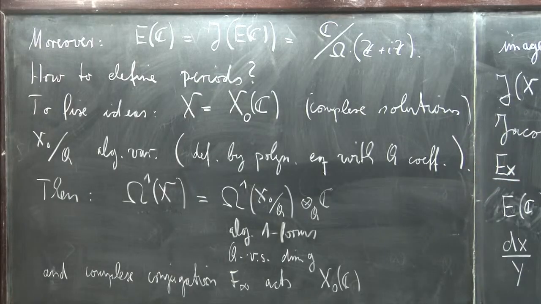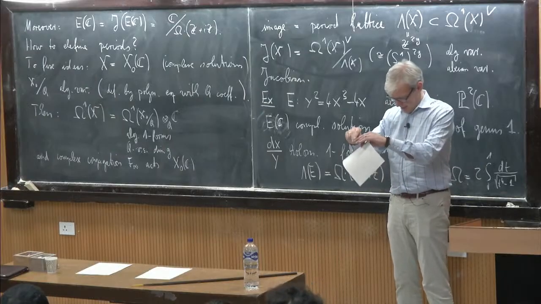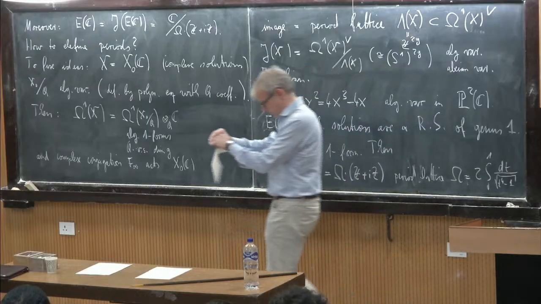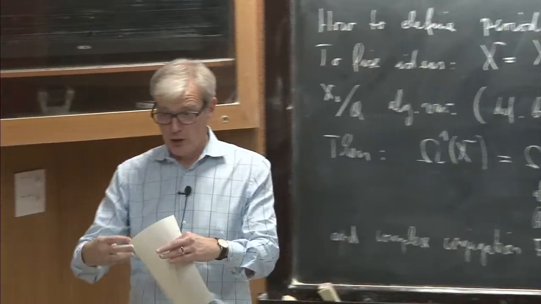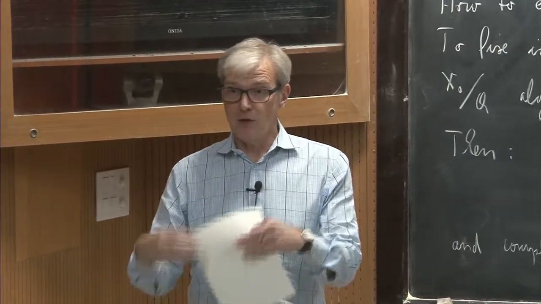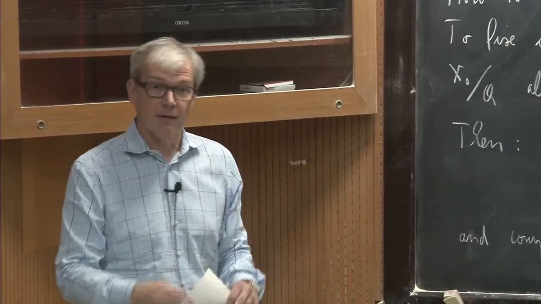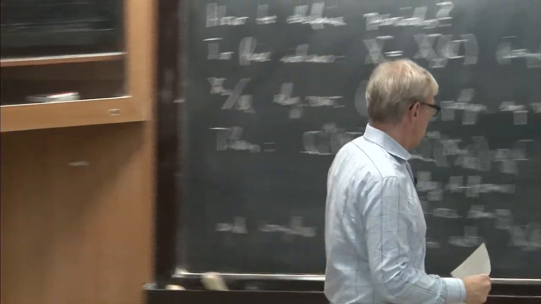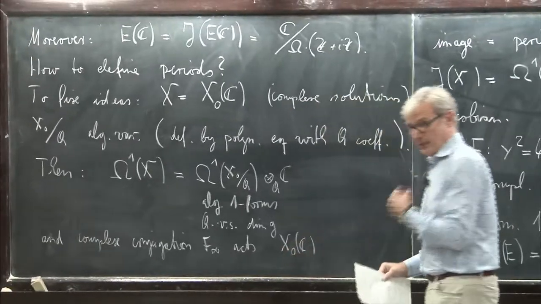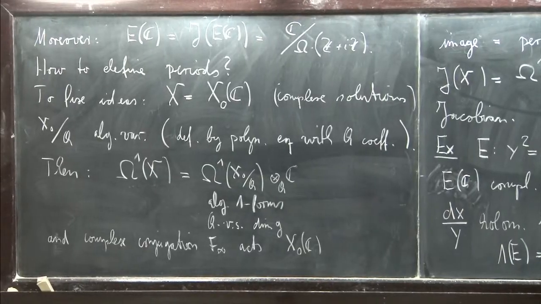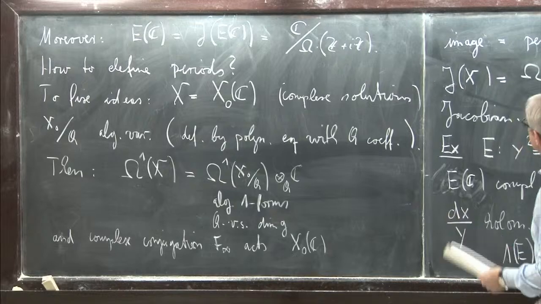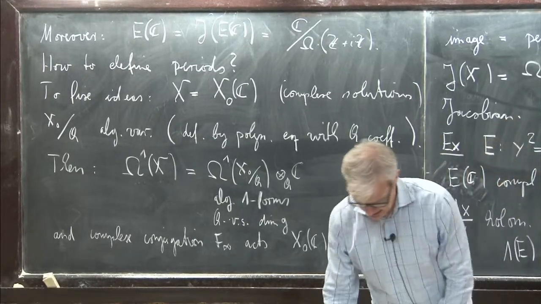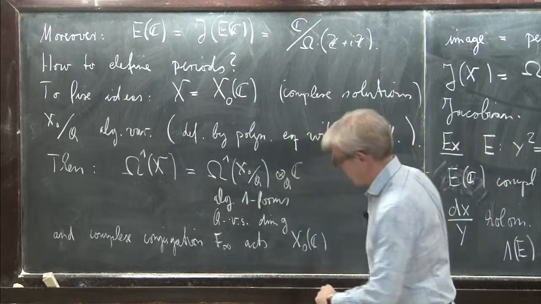If you think about it, you have some polynomial with rational coefficients, and you have a solution over the complex numbers. You conjugate this solution, you get again a solution. This is because the coefficients are fixed under the complex conjugation. This acts on this, and then I can do the following.